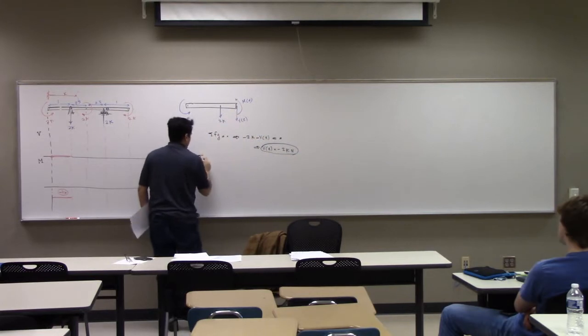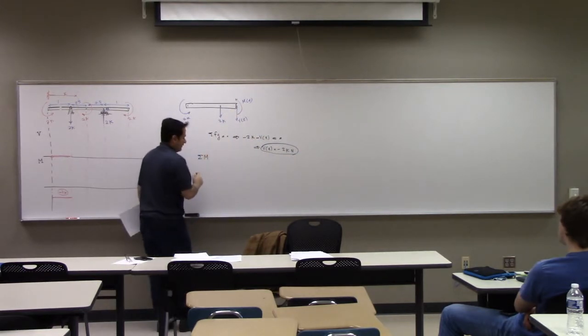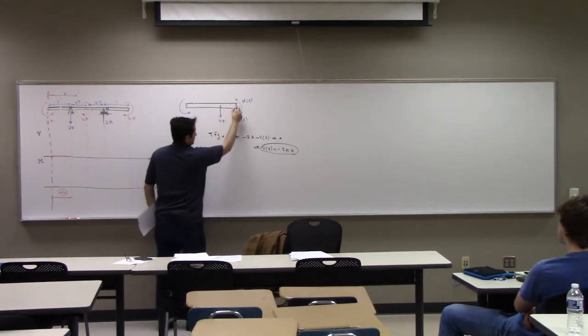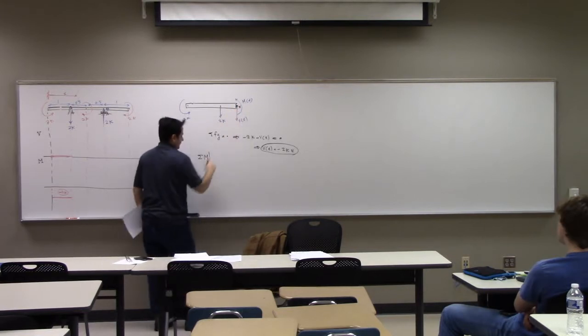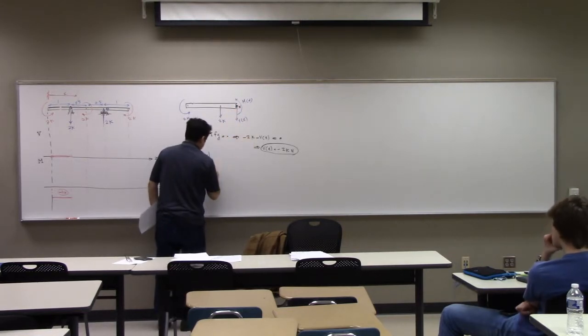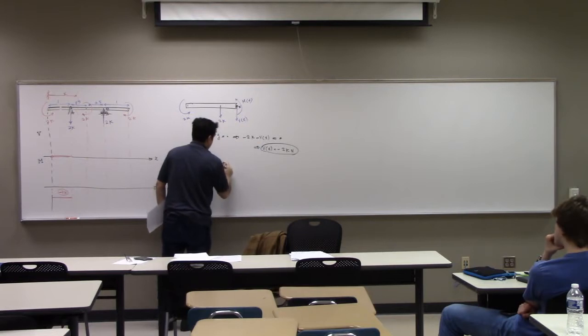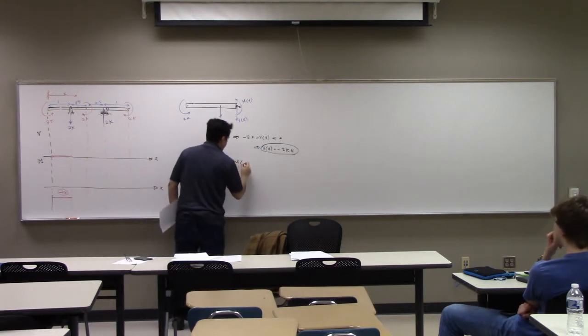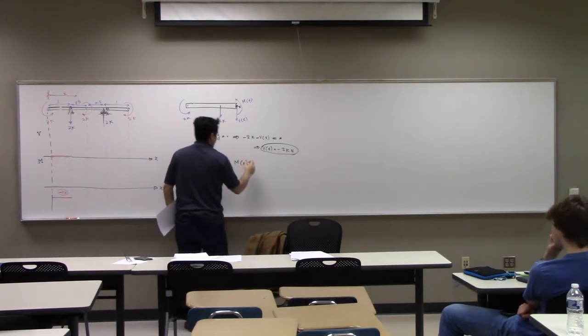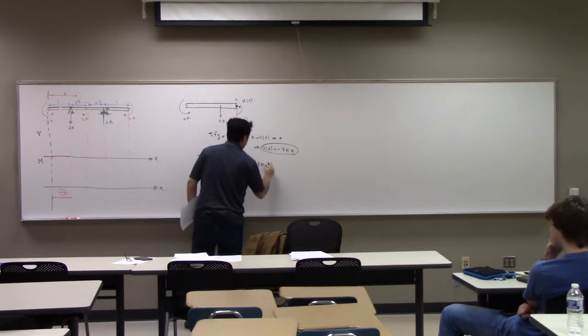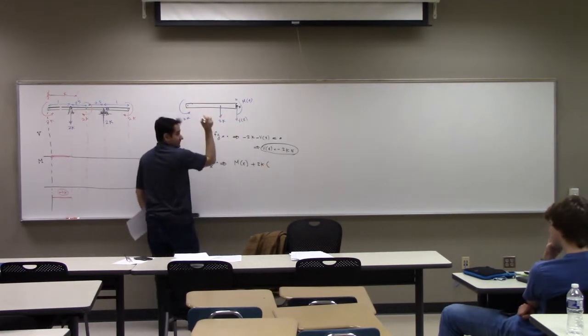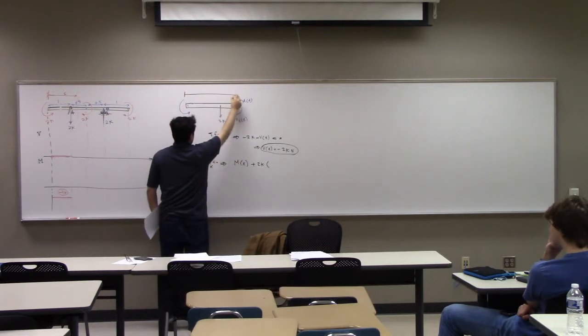Summation of moments about any point is equal to 0. What point do you choose? This point x, because you get rid of shear if you have any. That will give you mx positive plus 2k times, now, from here to here is x. I know that.